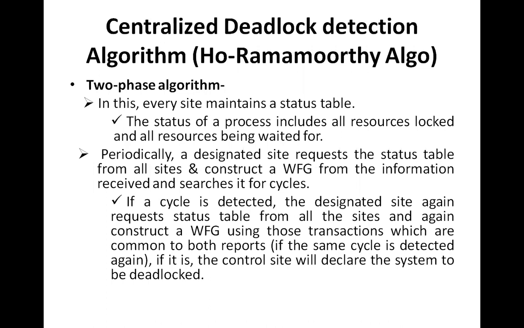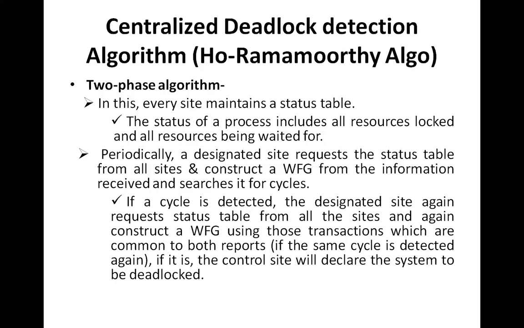These two algorithms collect two consecutive status reports, or keep two status tables at each site, to ensure that the control site gets a consistent view of the system. So let us discuss the two-phase algorithm.